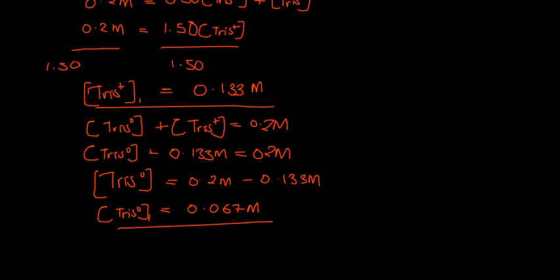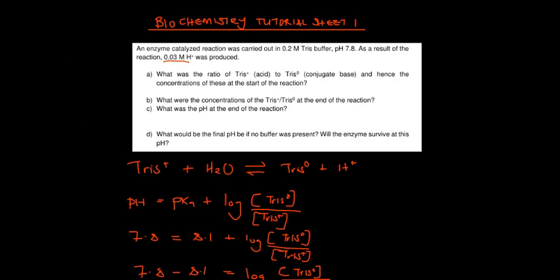Then part B was asking what were the concentrations of the conjugate acid and conjugate base at the end of the reaction. So at the end of the reaction, we added 0.3 molar acid.